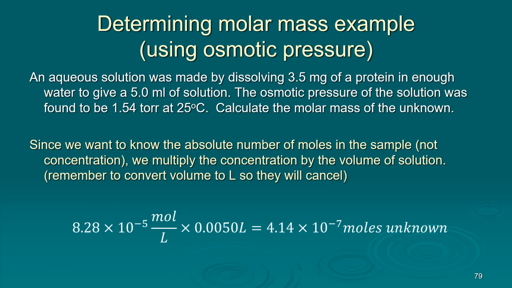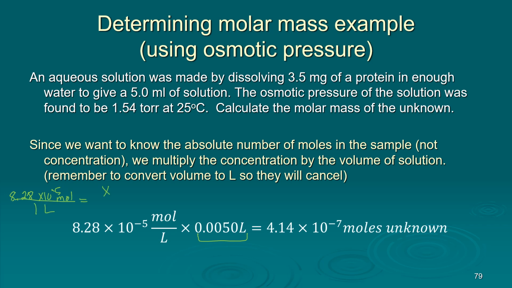So 8.28 times 10 to the minus 5th moles per liter multiplied by the total number of liters that we have, which is 5 milliliters or 0.005 liters. Remember, this is similar, 8.28 times 10 to the minus 5 mole per liter.